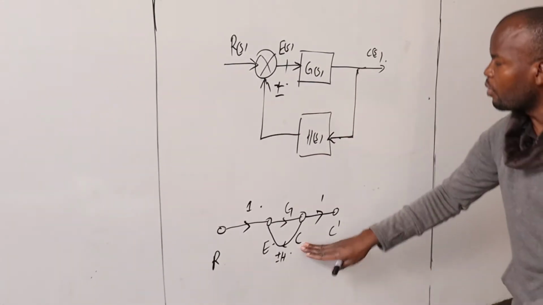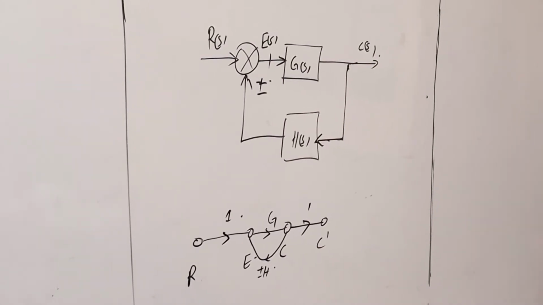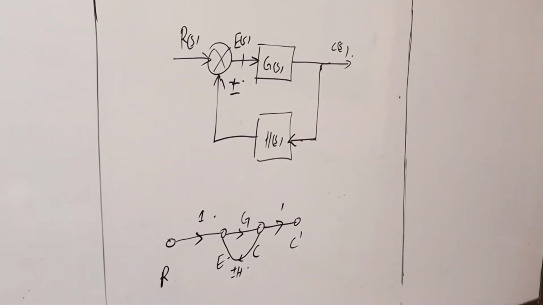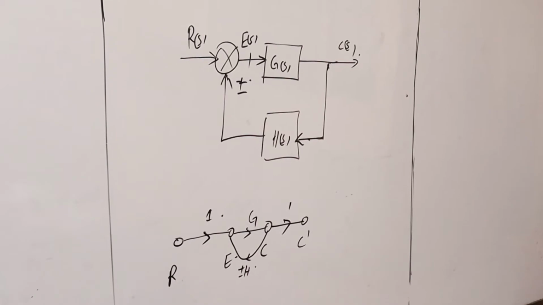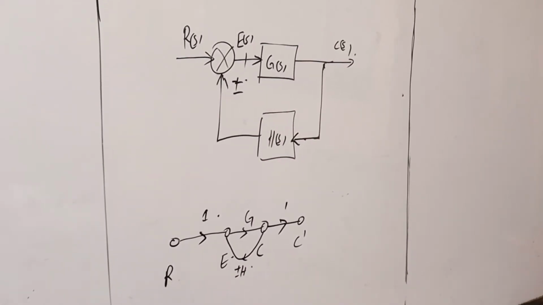So this is the signal flow graph of a canonical block diagram. You can see that the sign, minus or plus, of the summing point is always associated with H. That is the simplest way by which we can construct a signal flow graph.